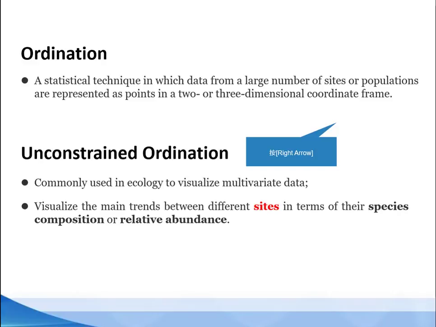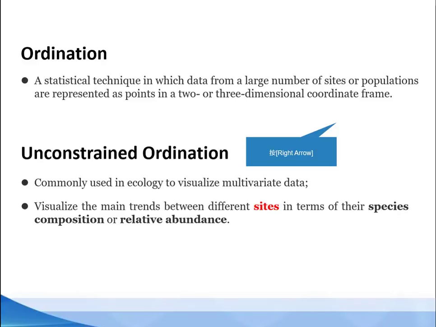Both of them are commonly used in ecology to visualize the multivariate data. The unconstrained ordination can be commonly used to visualize the mean trends between different sites in terms of their species composition or relative abundance.